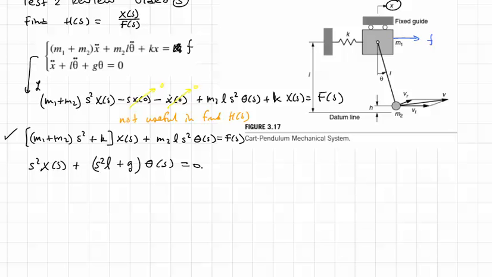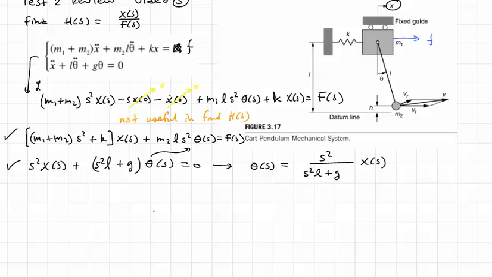Now we want to express X in terms of F, and so that first equation is useful, but it has a theta in there. So let's plug this theta into there. We need to isolate theta. We'll rewrite this as Theta is equal to s squared over (s squared l plus g) times X(s).